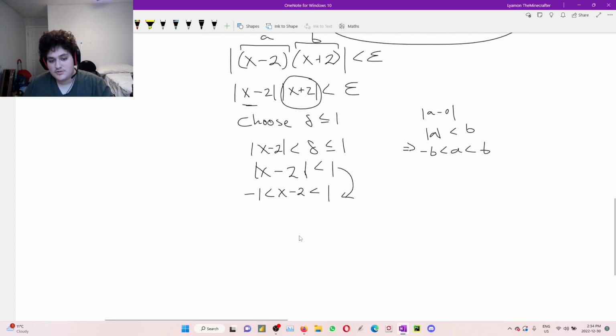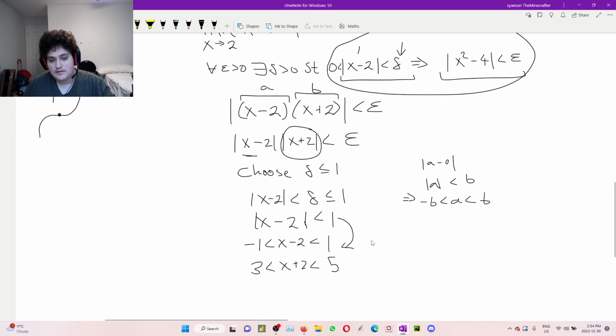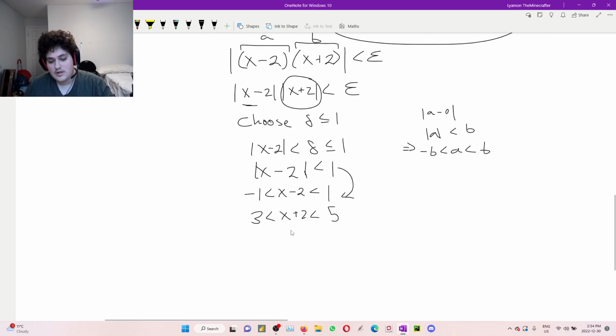Now, we want to get x plus 2, so we can add 4 to everything, right? And now, because everything is positive, we know that for x plus 2 to be greater than 3, this can only be true if x plus 2 is equal to x plus 2, right?